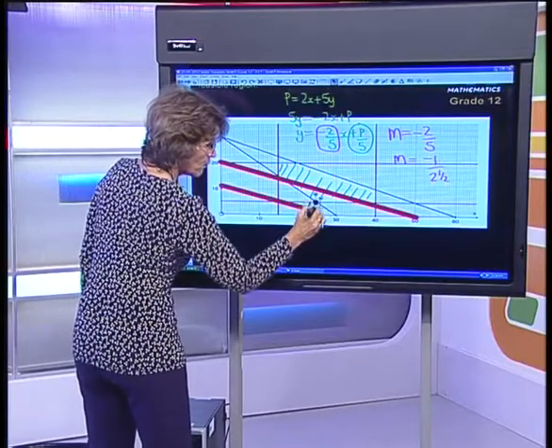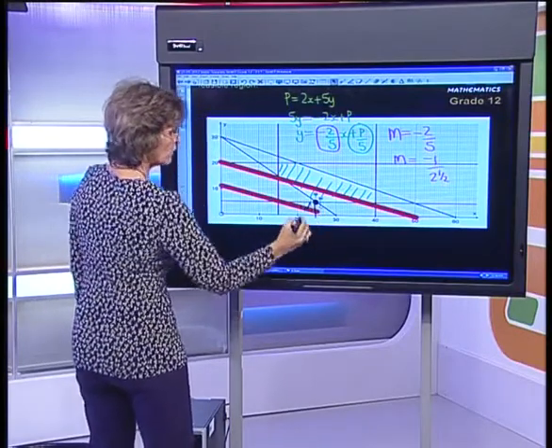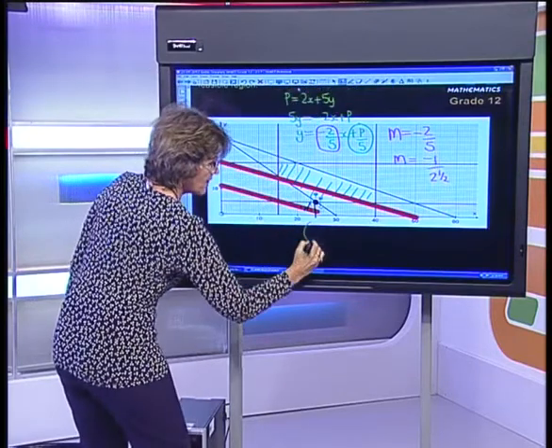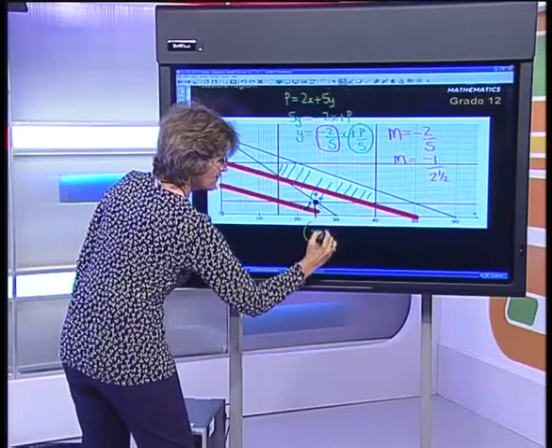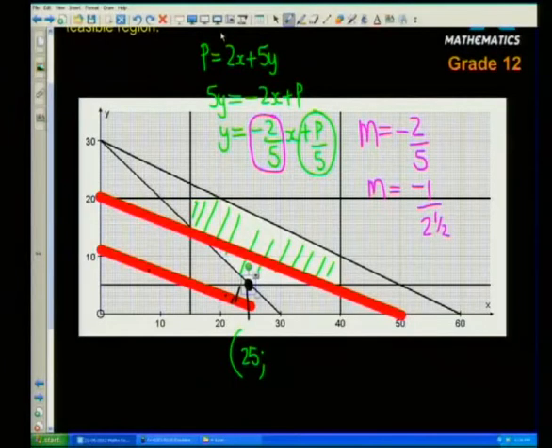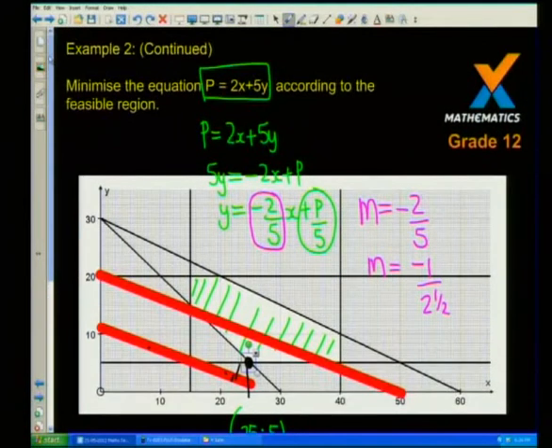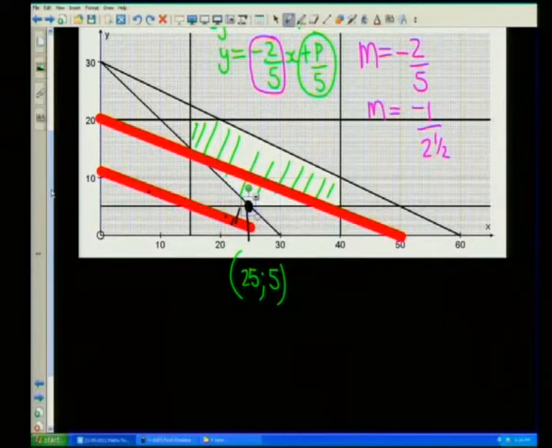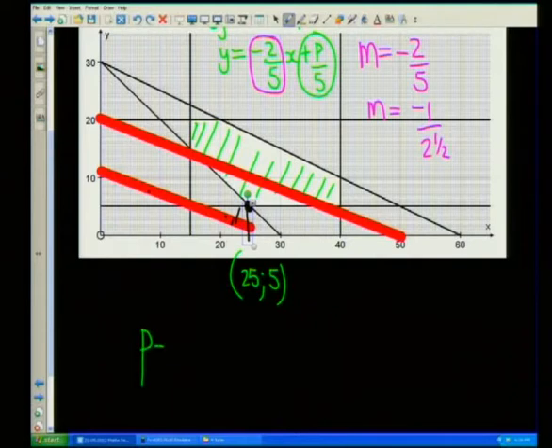Now, what is that point? Well, I can read off that that is the point, and I hope that you can read what I'm writing here. That is the point 25 for x and 5 for y. And so if we go back to our question, it says minimize that according to the feasible region. So I know that because my search line hits that point first, those values are going to be the minimizing solution.